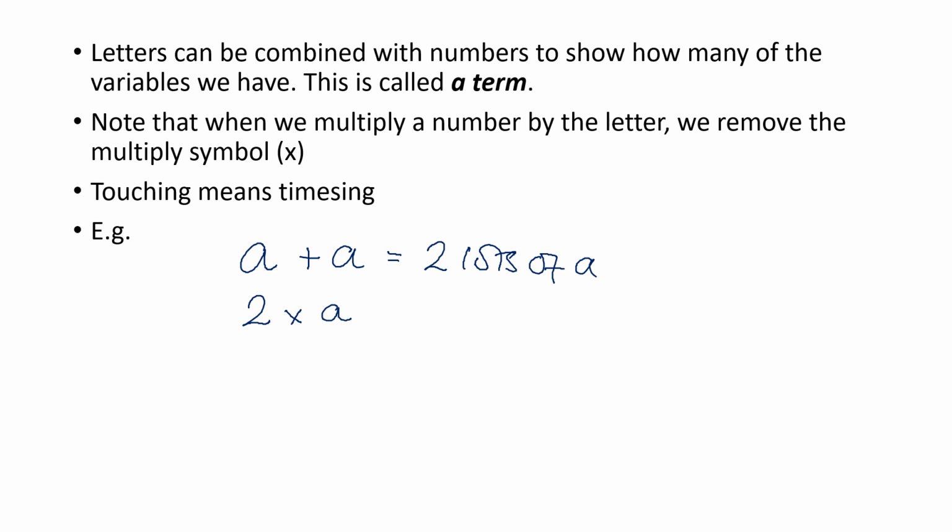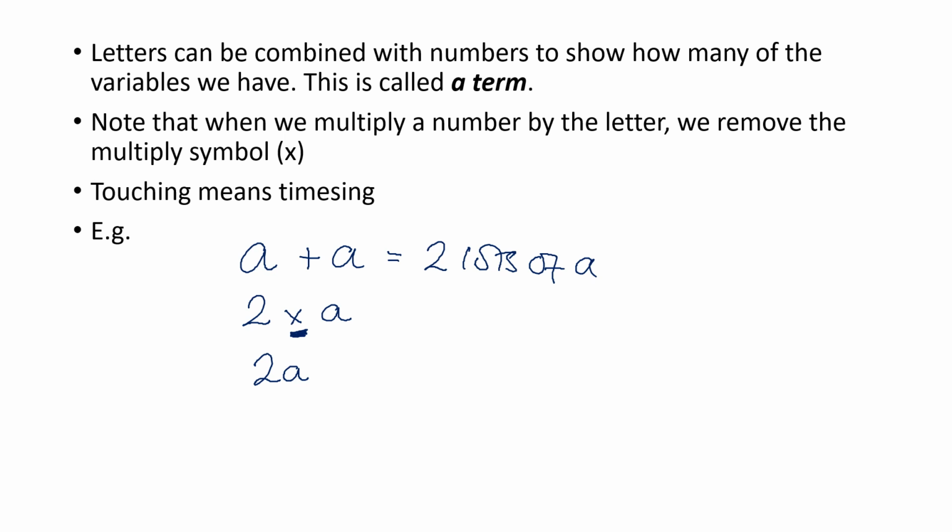Now, when we're using algebra, we don't put in this multiplying symbol, so we just write it as 2a. And we can remember this by the phrase touching means timesing. So if you have a letter with a number together, that means that they are multiplying by each other.